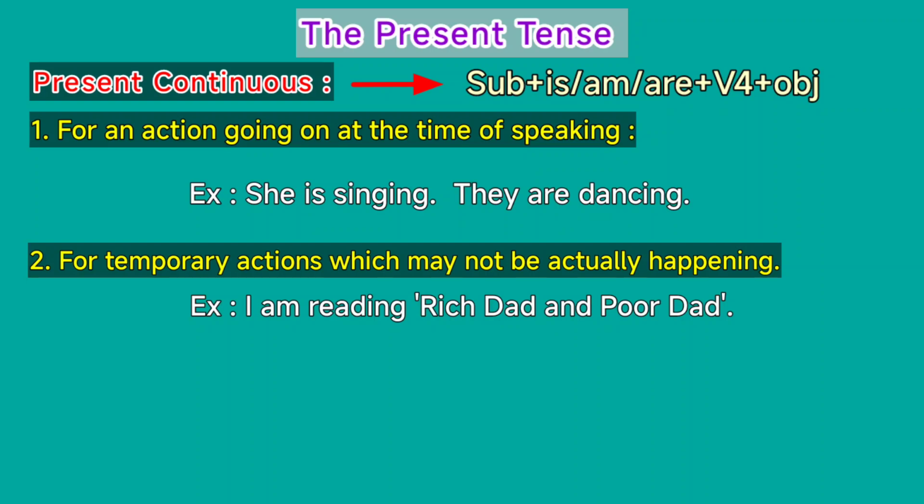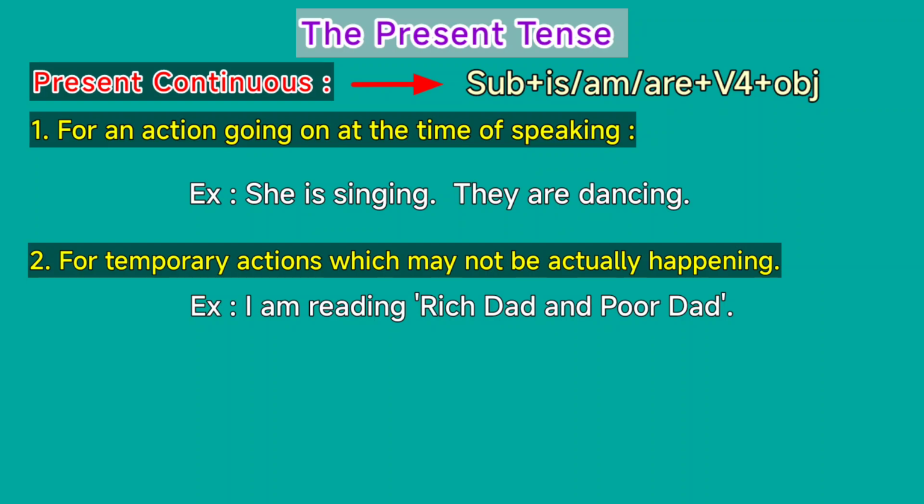But when I am telling you I'm reading Rich Dad Poor Dad, I'm not reading at the moment. But a few days back I started, and it is a progressive work, so we can express that in present continuous tense. It's a temporary progressive.